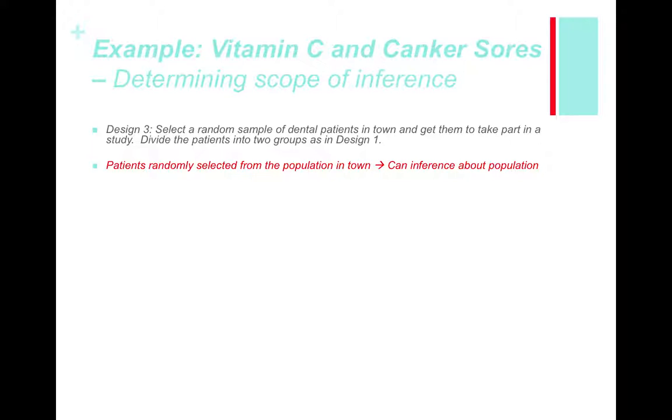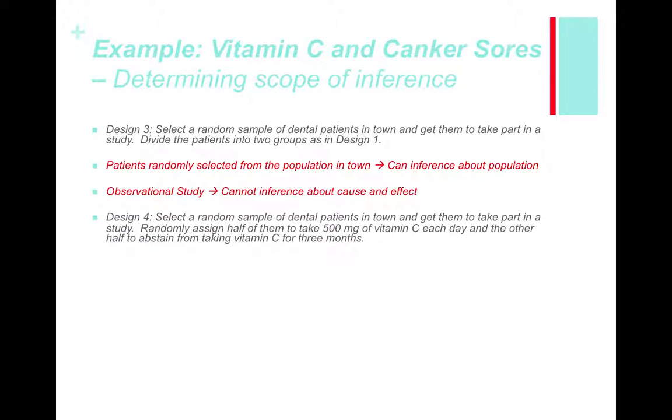Because this was an observational study, though, no inference about cause and effect can be made. The dentist would conclude that for the population of dental patients in this town, those taking vitamin C have fewer canker sores than those who don't. She can't say whether the vitamin C causes this reduction or some other confounding variable.